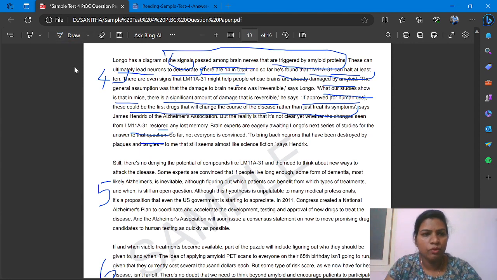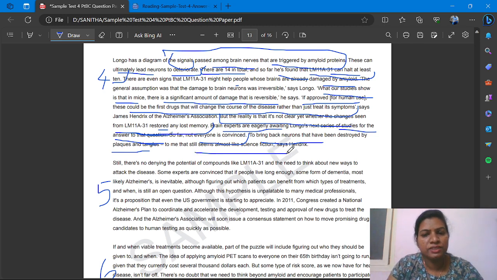But the reality is that it is not clear yet whether the changes seen from LM11A-31 restored any lost memory. So memory already lost, will it restore any lost memory? Brain experts are eagerly waiting for Longo's next series of studies for the answer to that question. So far, not everyone is convinced about bringing back neurons that have been destroyed by plaques or tangles.